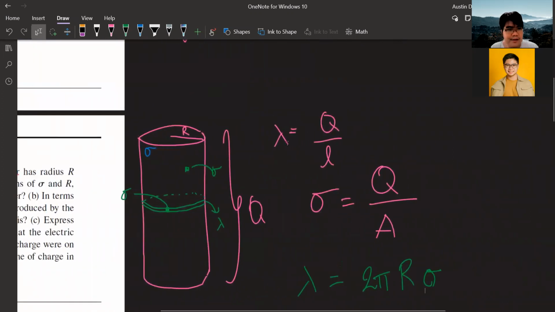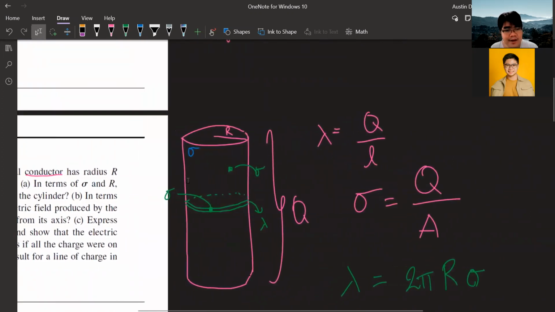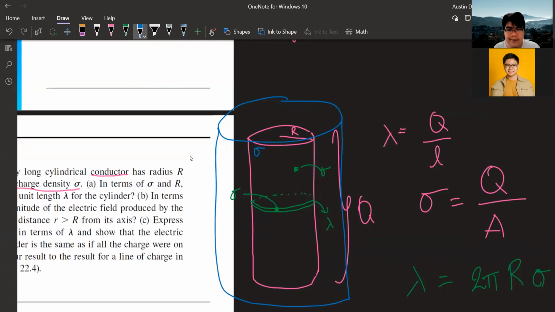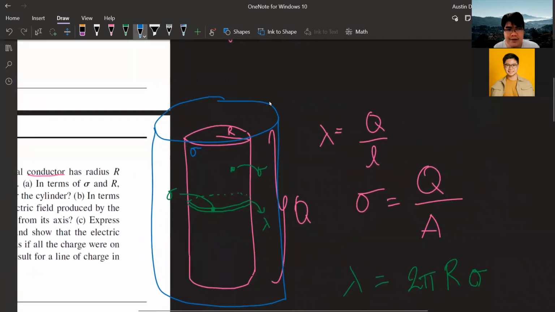And of course, dahil may symmetry yung system, cylinder siya, sphere, or whatever, magagamitan mo ng Gauss's law. Okay? So, kapag may cylinder kang object, gagamitan mo lang din siya ng Gaussian surface ng cylinder. So, isip ka ng cylinder, imaginary cylinder around here. Okay? Of variable radius r.